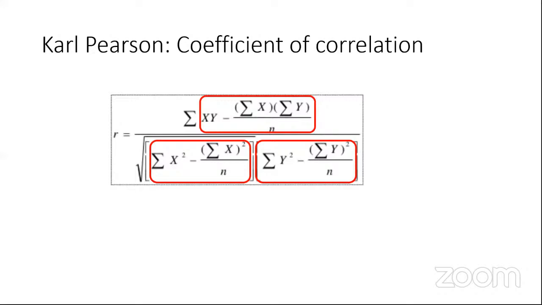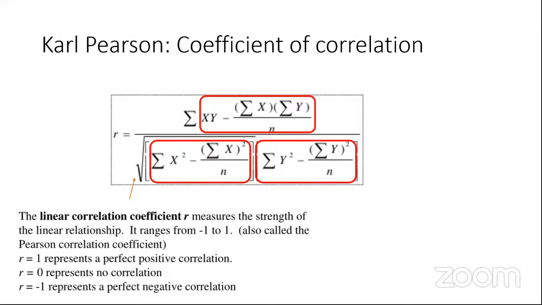By dividing this formula into three parts, you can easily memorize it, and you need to add the root also. The linear correlation coefficient, known as small r, ranges from -1 to +1. -1 represents perfect negative correlation, +1 represents perfect positive correlation, and a value of 0 indicates that there is no correlation.